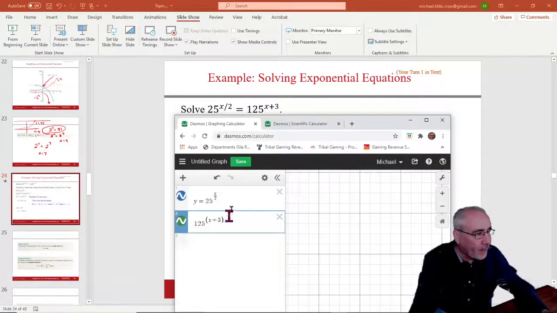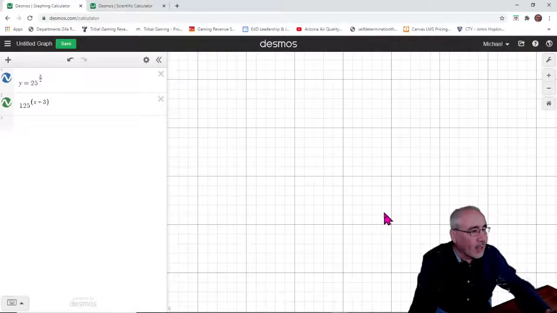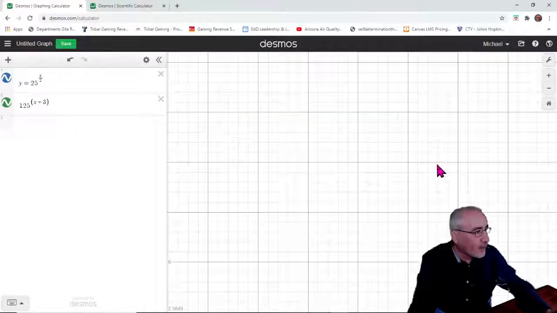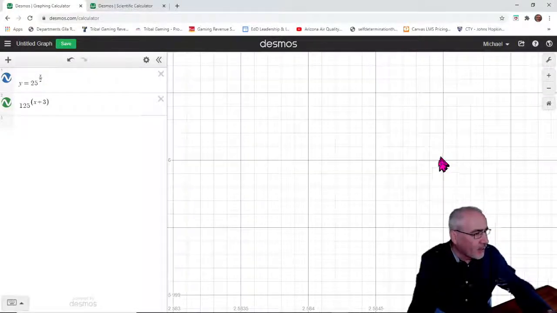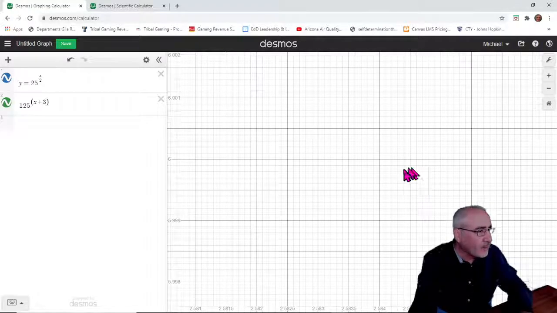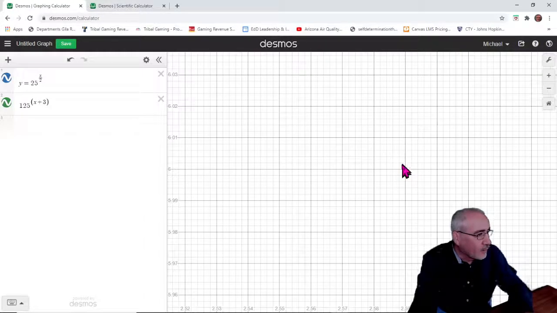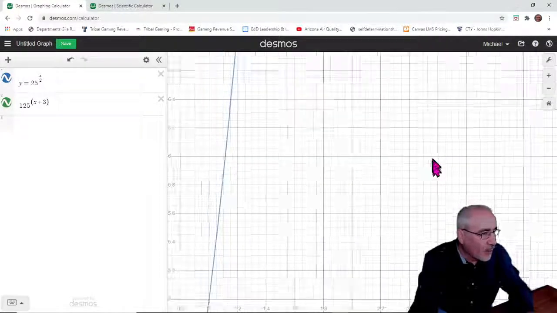Okay, now I come here, and I'm all zoomed out, or zoomed in, or something. I'm just zooming out until I get the right view.